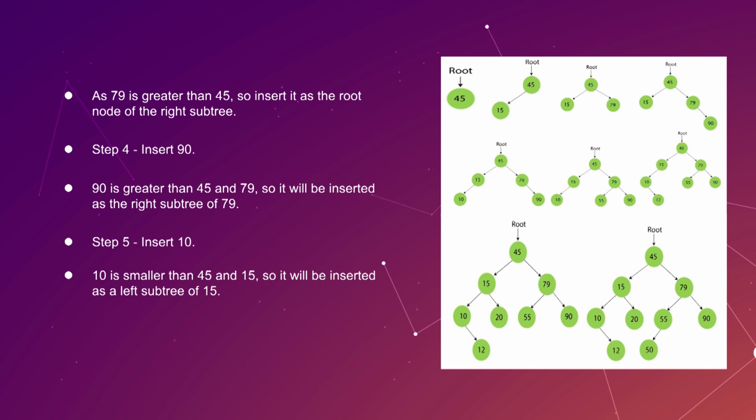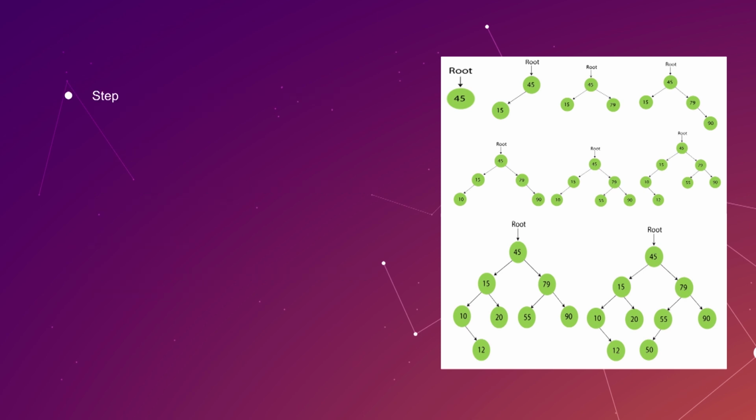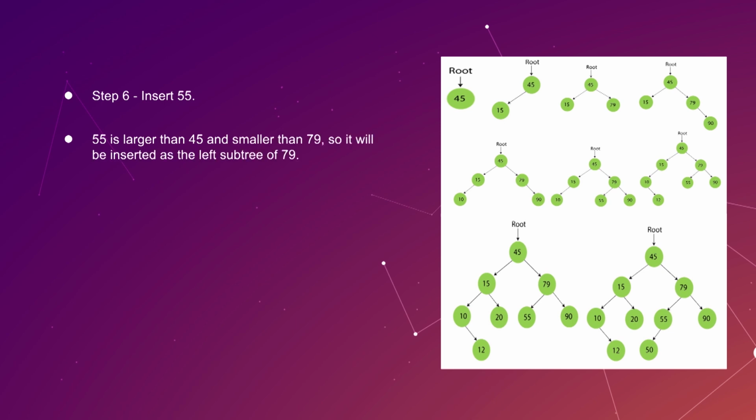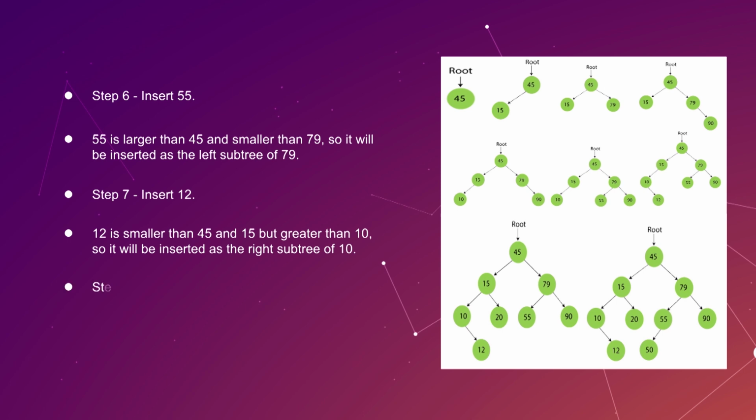Next element is 10. Again we compare with the root item. 10 is smaller than 45 as well as 15. So, it will be inserted as the left child of 15. It means 10 will be a grandchild of 45. Next element is 55. 55 is larger than 45. First we compare with the root item, and it is smaller than the right successor of the root node, that is 79.